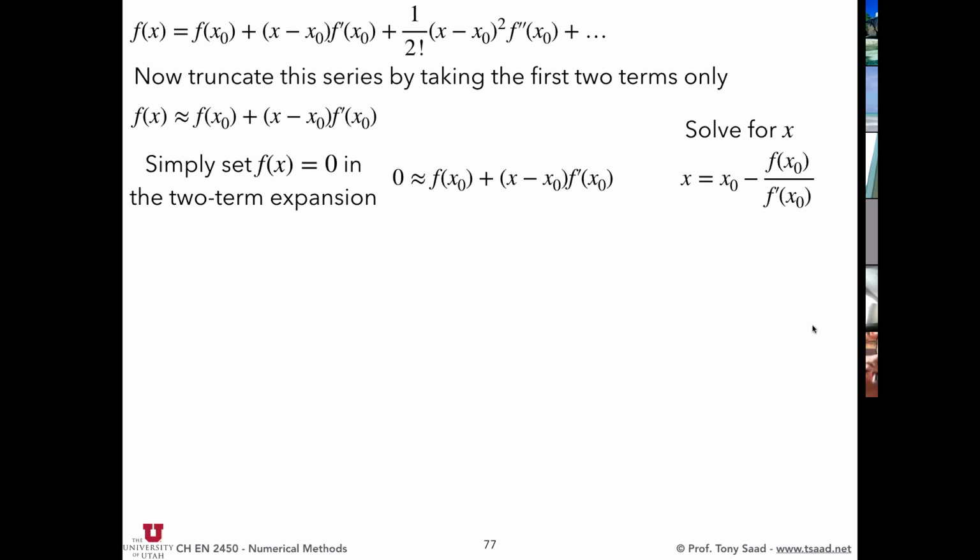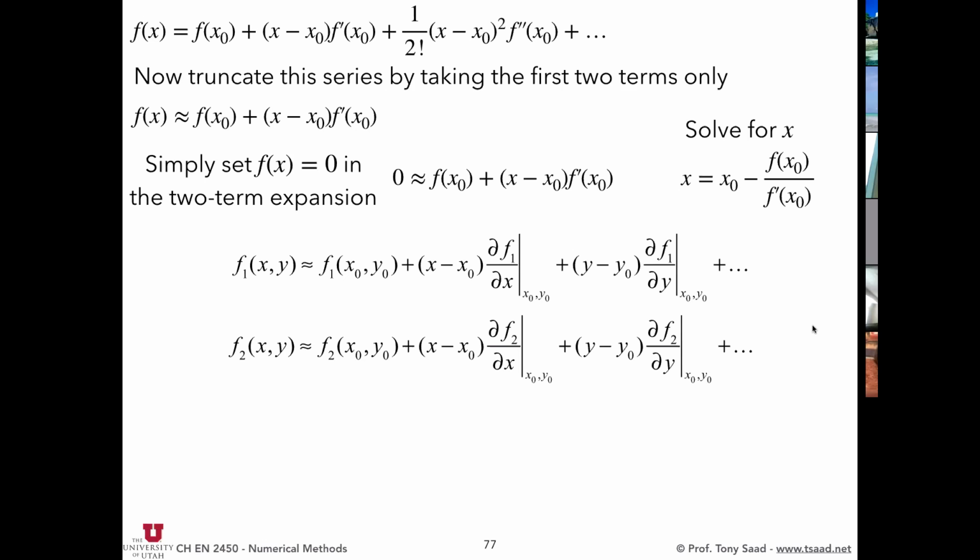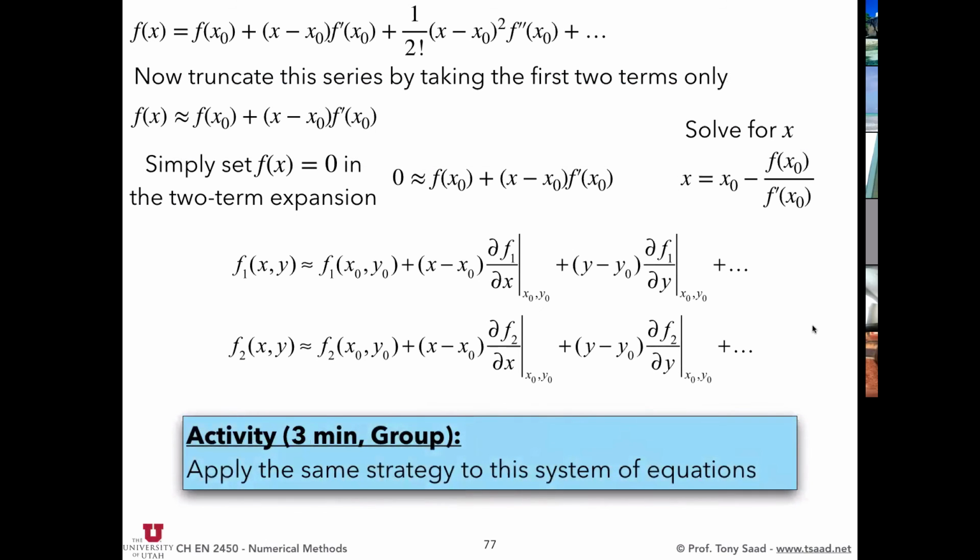Your next activity is I want you to try to apply the same strategy to the system of equations. Take these two equations, F1 and F2, and truncate. Essentially just get rid of the plus sign over here, so keep these first terms. I want you to come up with a recipe to improve the guess x0 and y0.